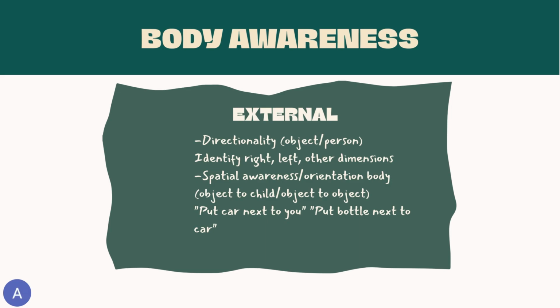It's either object to child or object to object. So if it's object to child, so maybe like put the toy car next to your left, and then put a bottle next to the car toy. So you need to be able to imagine in your head on your left side to put a car and then to put item next to the car, to have the ability to imagine that and to carry out.